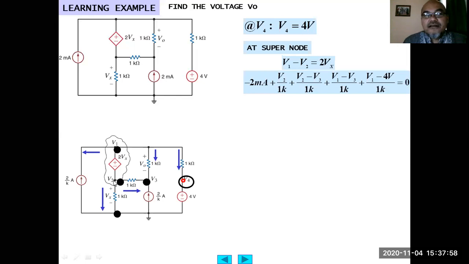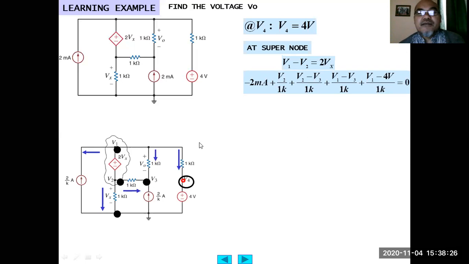Then the current flowing through this another 1 kilo ohm resistor towards V3: V2 minus V3 divided by 1K, plus the current through the 1 kilo ohm resistor, V1 minus V3 divided by 1 kilo ohm. Then plus this current flowing into the V4 node, V1 minus V4 divided by 1K equals 0.